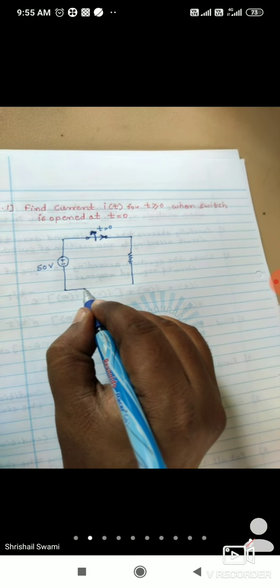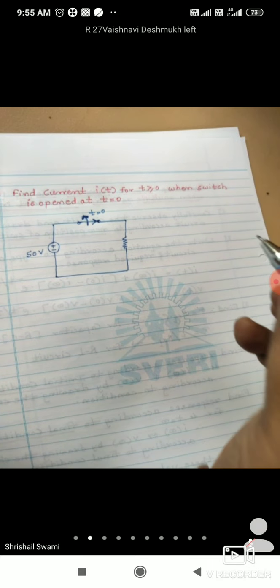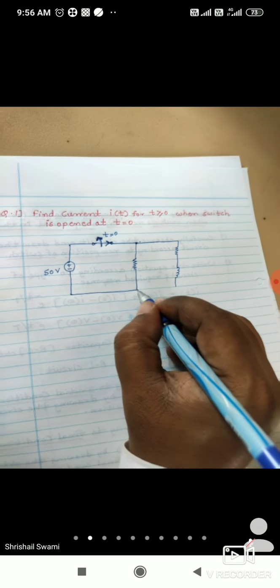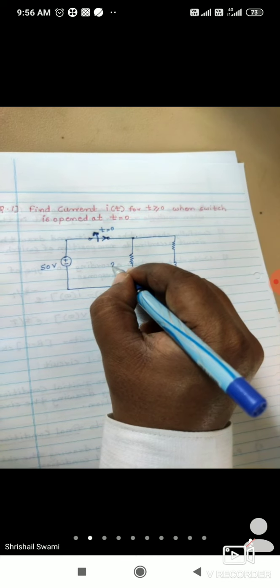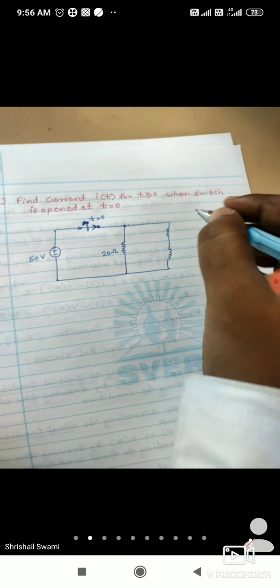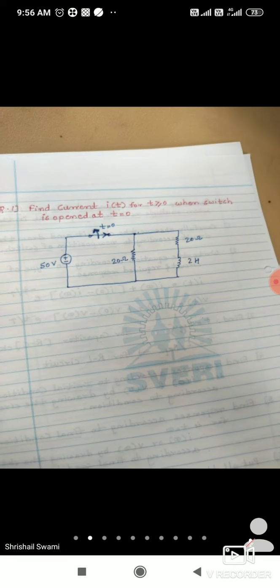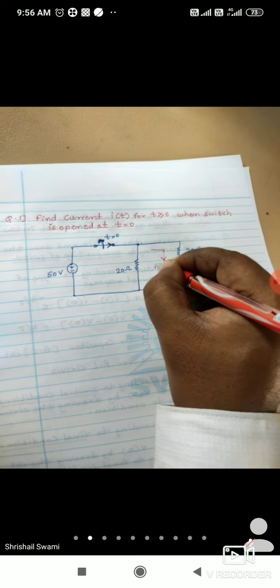First note down what is given and what is said, and then start. So this will be 20 ohm, this will also be 20 ohm, and the inductor is 2 Henry, and the response they are asking is to find the current I of t.